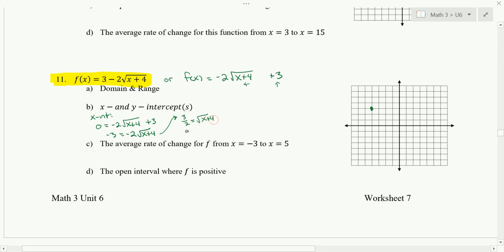Square both sides. And 9 over 4 as a decimal, well, 4 goes into 9 2 times with a remainder of 1, so it's 2 and a quarter, or 2.25.